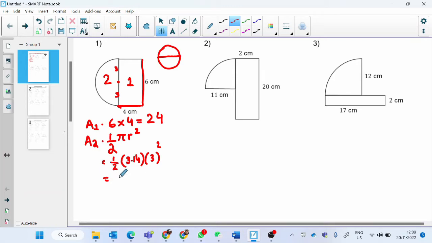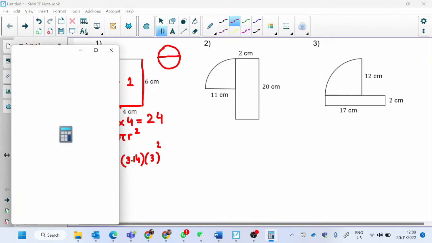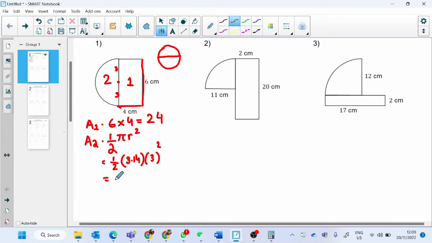If we solve this, 3 squared is 9, times 3.14, and then divided by 2, gives us 14.13. So 14.13 is the area of shape 2.